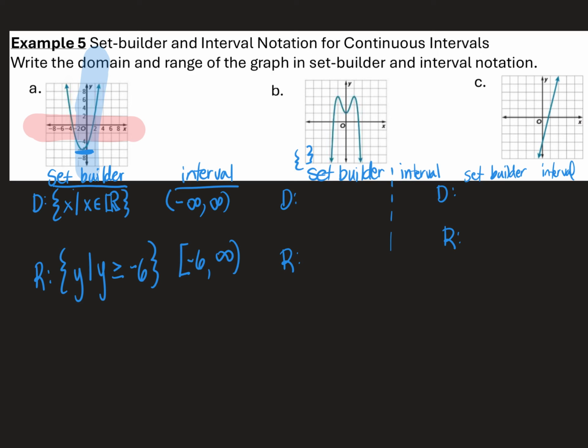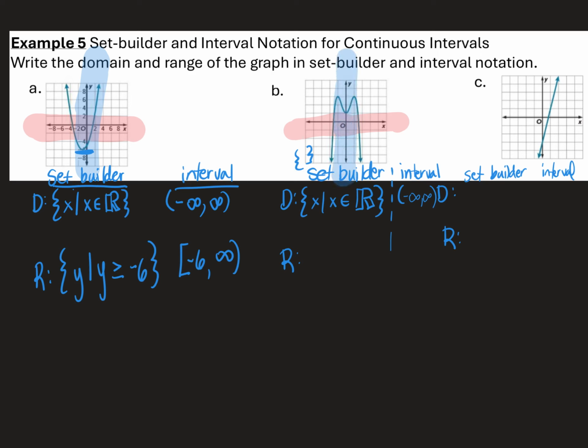Now let's look at this next graph. How far left or right is this graph going? It's going forever to the left and down, and forever to the right and down. So it's going forever left and right, which is x, such that x is an element of the set of real numbers, and negative infinity to positive infinity. And for my range, how far up or down is this graph going?